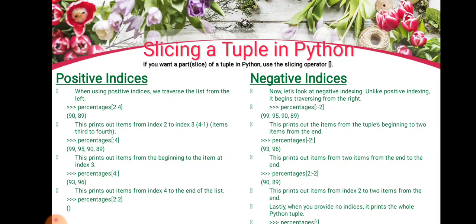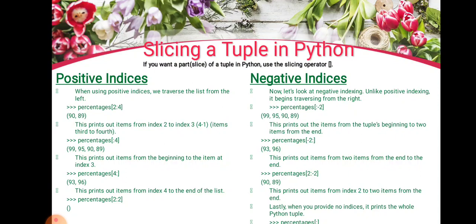Now with positive indices, how do we slice a tuple? When using positive indices, we traverse the tuple from the left, which we already know. Consider the same example, percentages, which consists of elements. Now I'm slicing percentages of 2 colon 4 inside the square brackets.